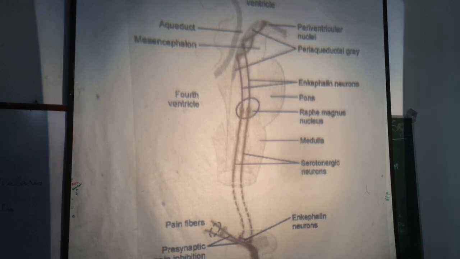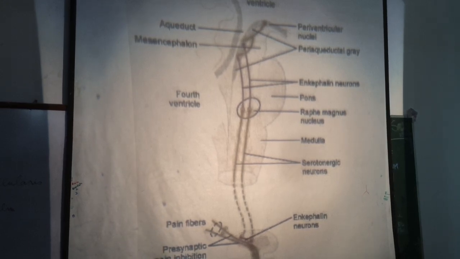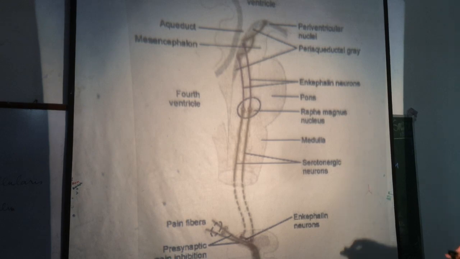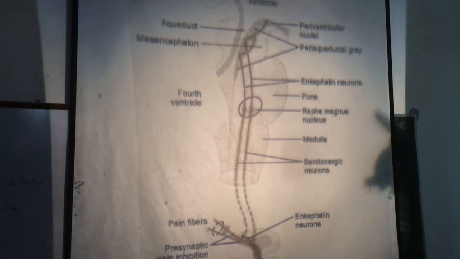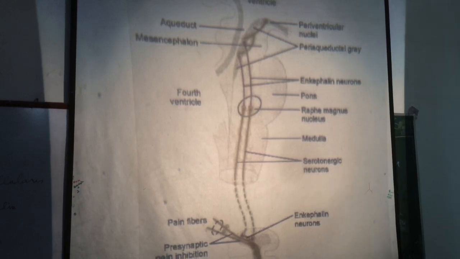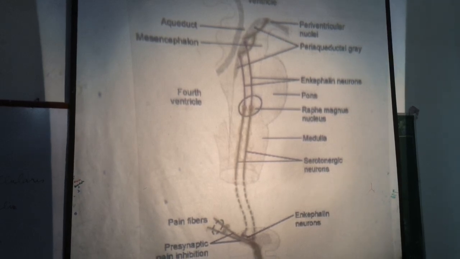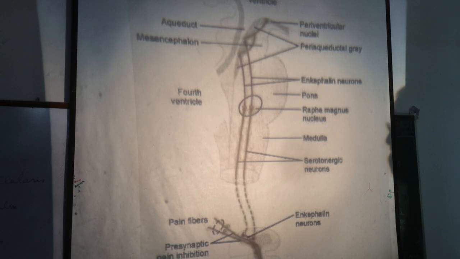So this system of analgesia has these components, with enkephalin as the main neurotransmitter, including beta endorphin and dynorphin.